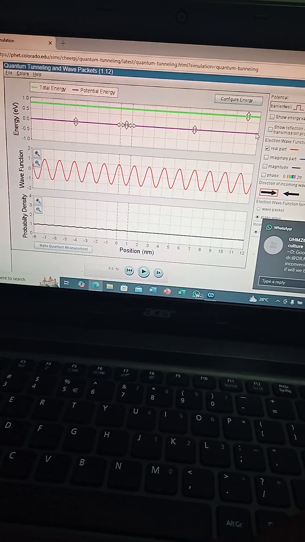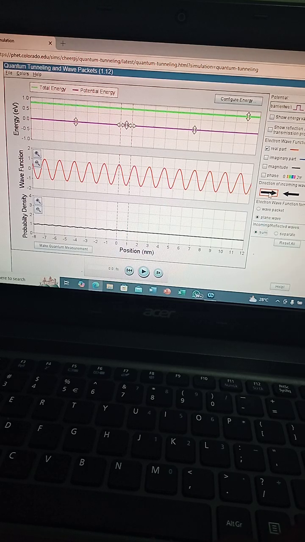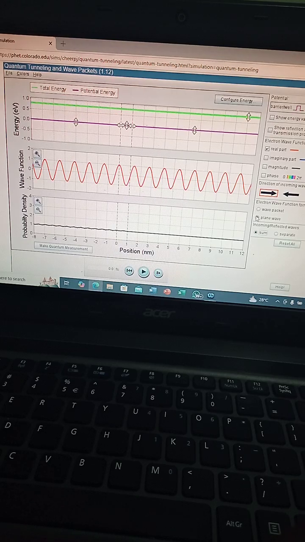This is followed by the movement of the wave function. Thus, the wave moves from right to left. Then we are going to consider only a plane wave at the start.